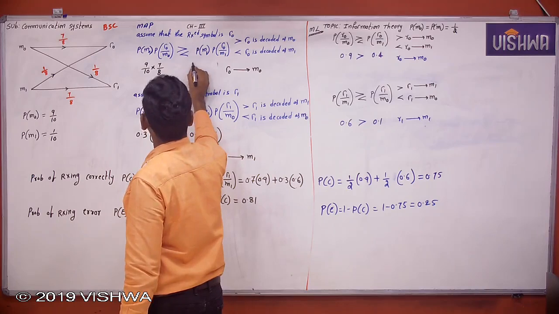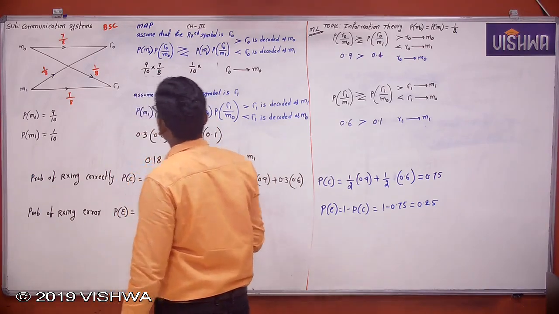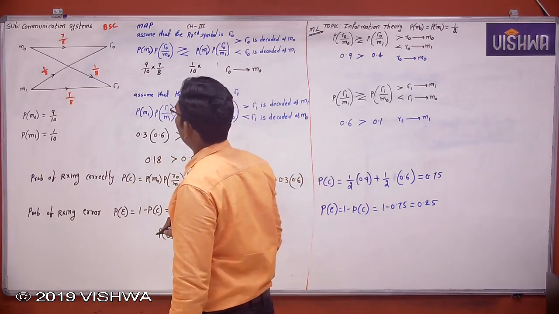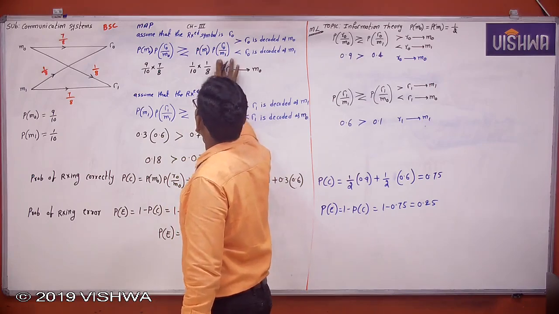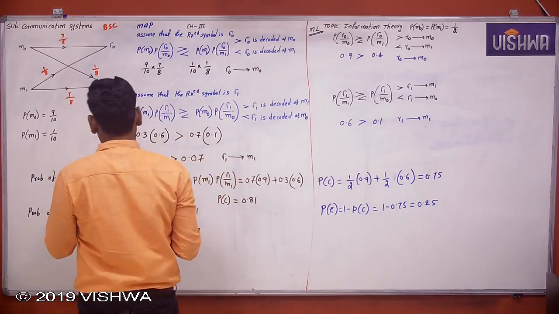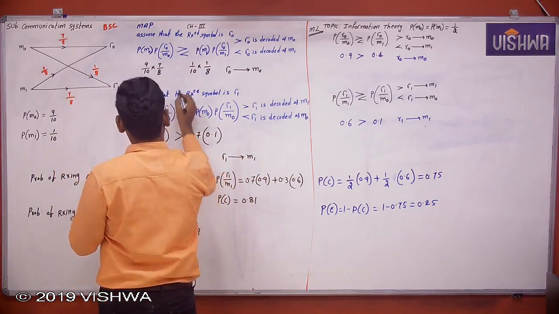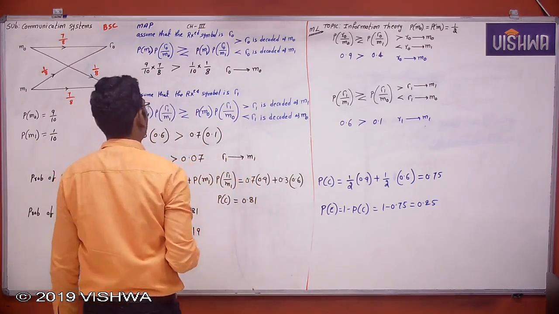P of m1, 1 by 10, into P of R naught by m1, which is 1 by 8, gives 1 by 80. Definitely this product is greater than this, so R naught is decoded as m naught.